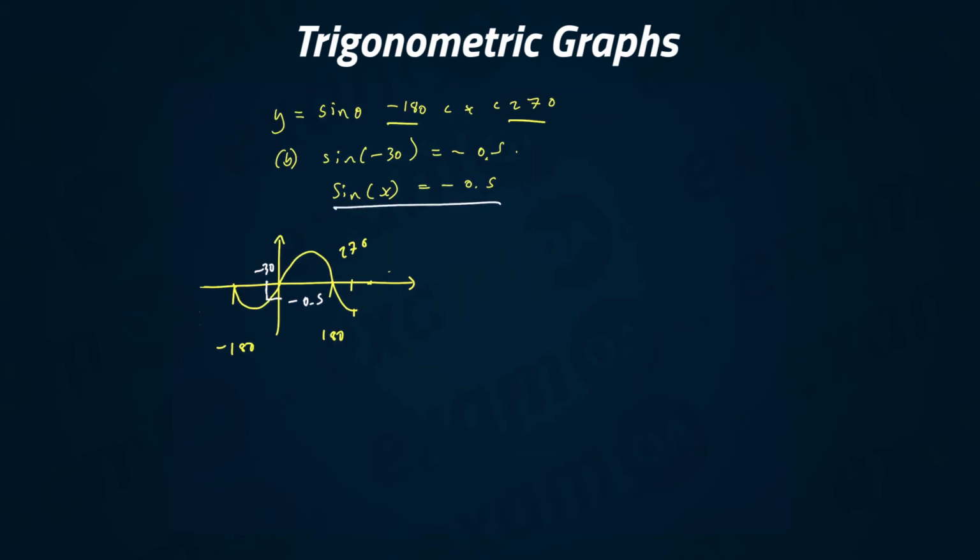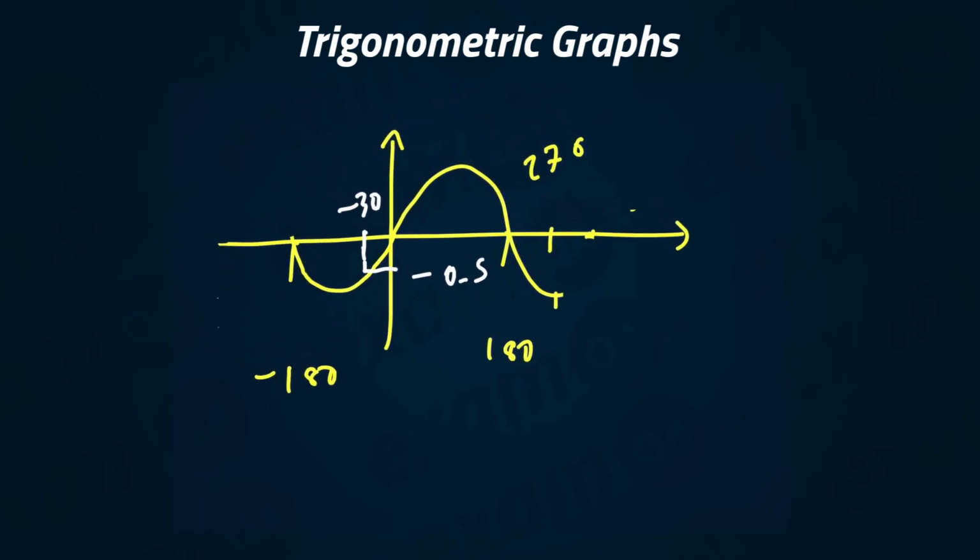Find other values of x for which sine x equals minus 0.5. So what that basically means is we're going to draw a line for y equals minus 0.5. That's what we've just drawn on.